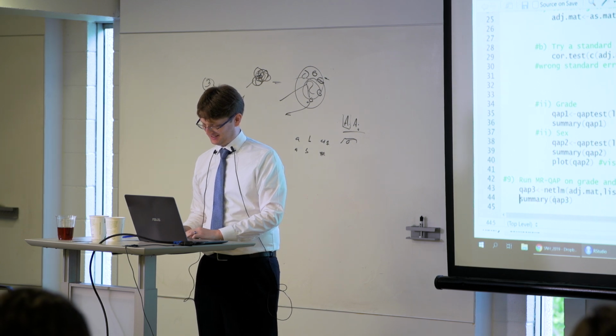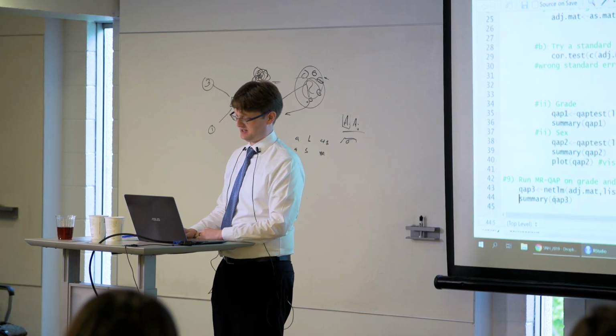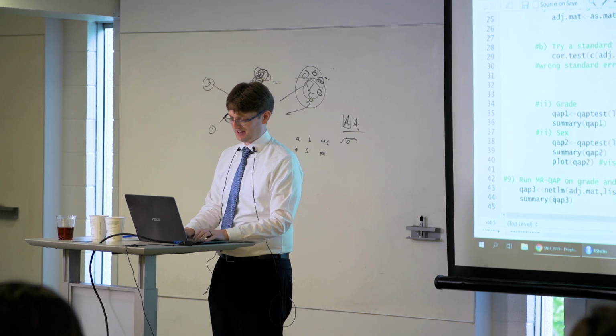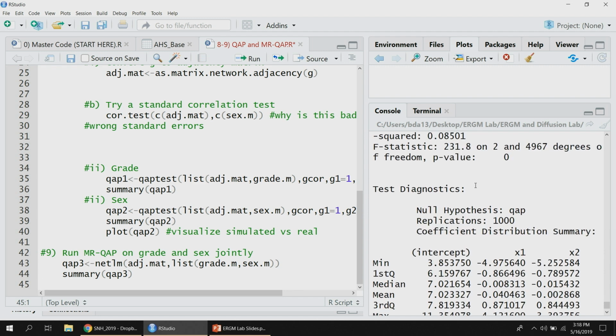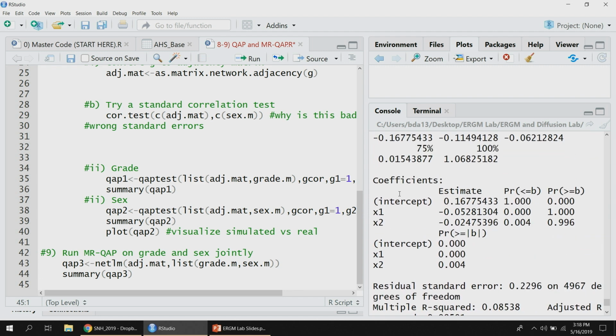All right, we're doing good. Okay, we got it. So we can now get a summary of the QAP we got. And here what we're getting is like a regression model. The output kind of sucks, but this is our best QAP tool.